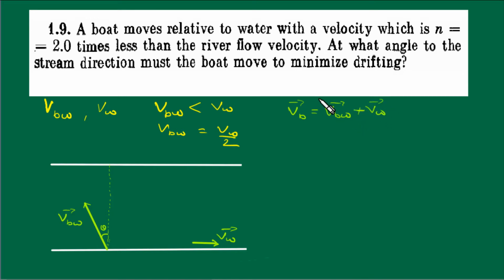So it will always be the resultant of the velocity of the boat with respect to water plus the velocity of water, right? And it is not a new thing. It is written that the velocity of the boat with respect to water is equal to the velocity of the boat minus the velocity of water. It is just relative velocity. So every time the boat's velocity will be the resultant of this vector plus this vector.